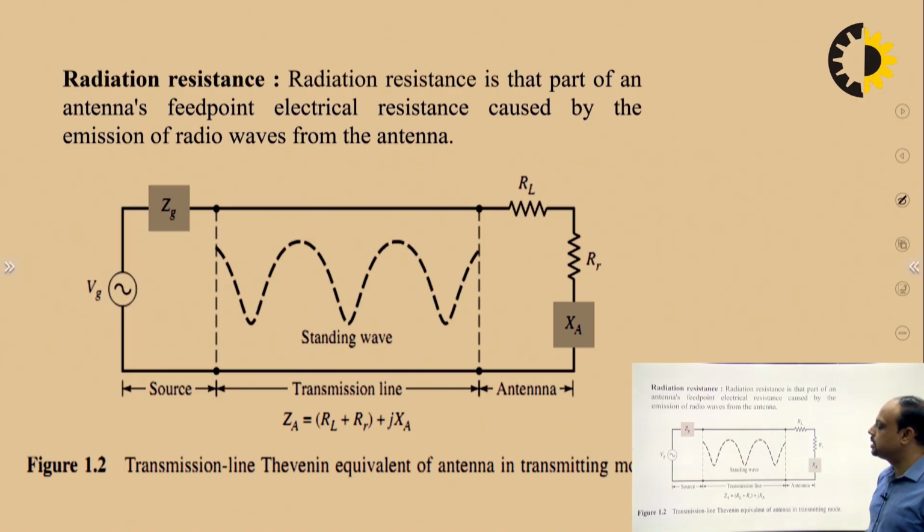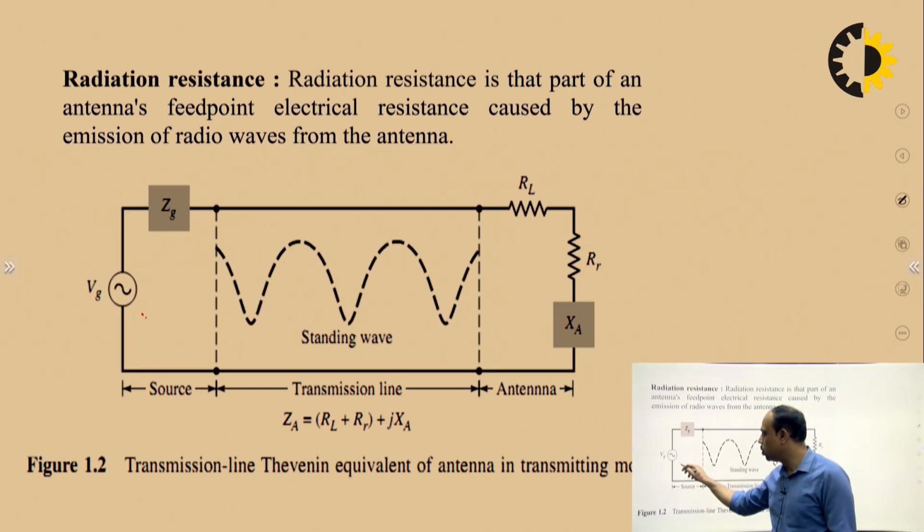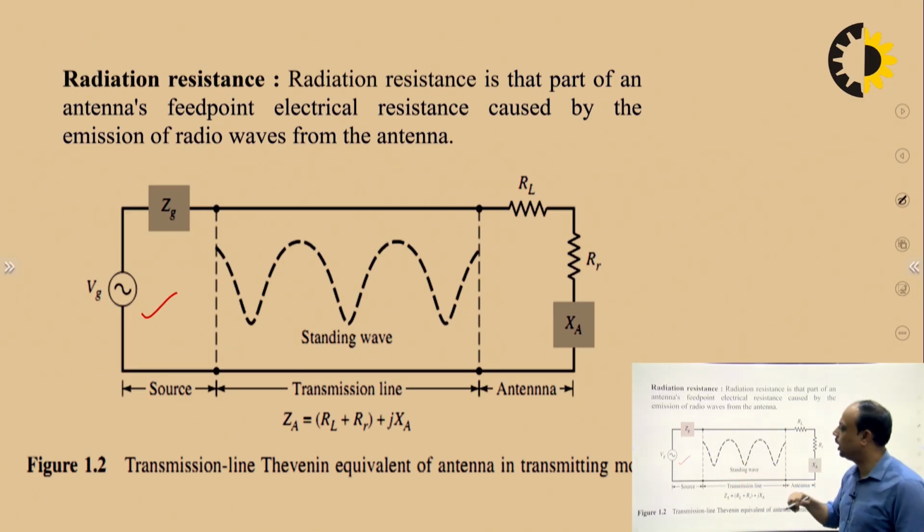Now this is the basic structure of the antenna that is going to transmit the wave, in which we have a source that can generate electromagnetic signals, and this is the load resistance, and this RR is the radiation resistance of the antenna itself. Then what is the radiation resistance?